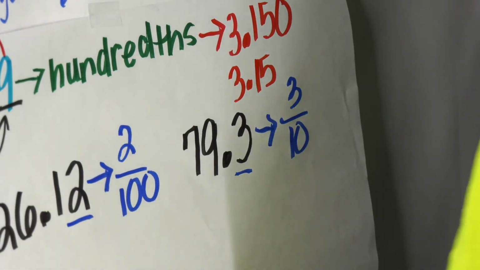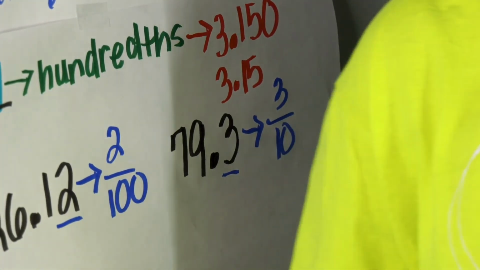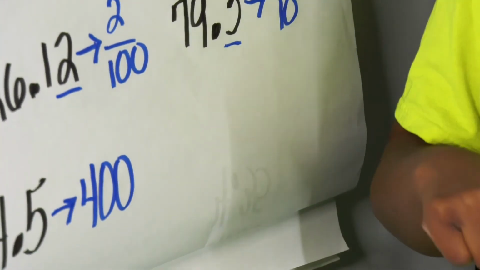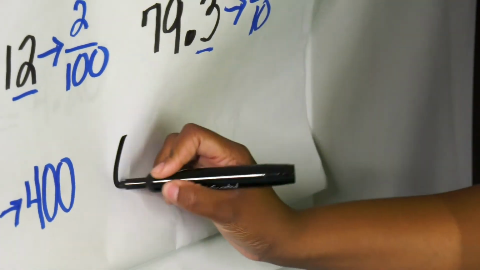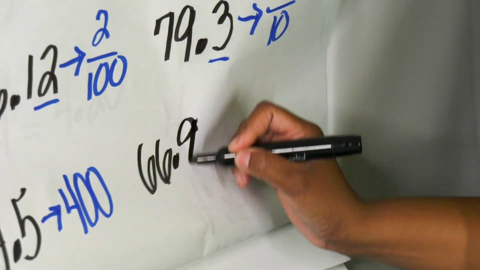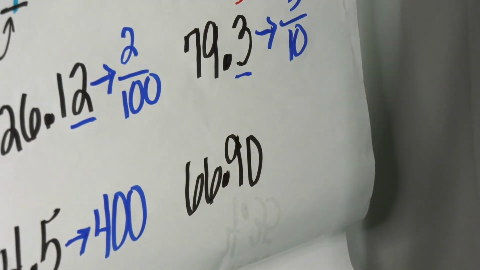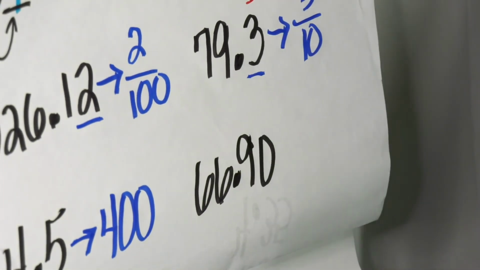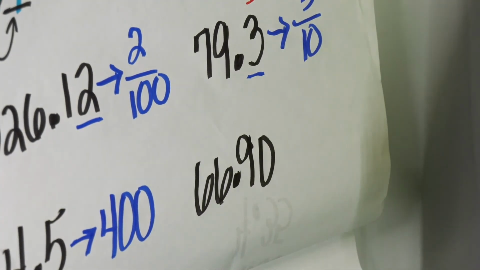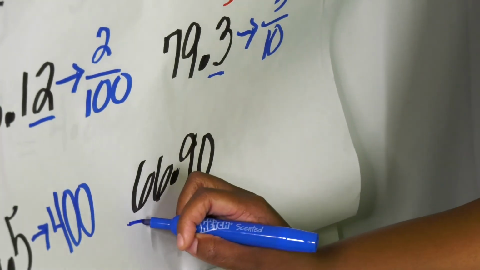And the last one that you're going to do on your own is 66 and 9 tenths or 90 hundredths. 66 and 9 tenths or 66 and 90 hundredths. And the number that I want you to find the value of is this 6 here.